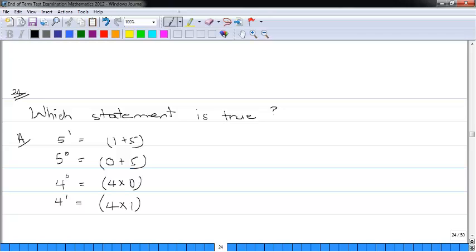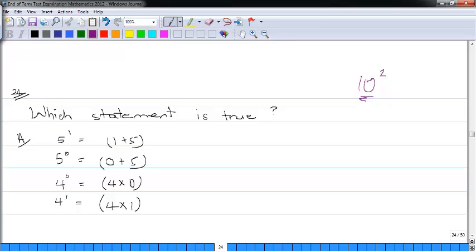Number 24, it says which statement is true, and we have some statements here that deal with exponents. Let's just review quickly exponential form. In exponential form, we have what we call the base and we have the exponent.